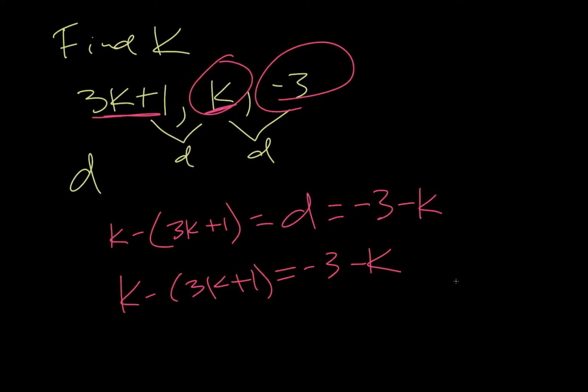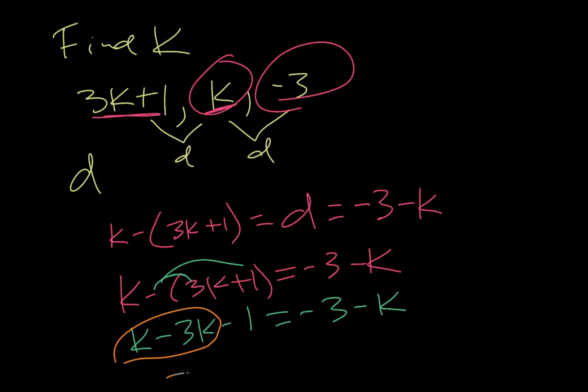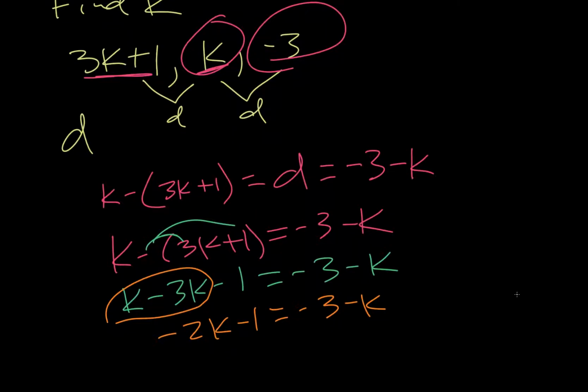Now, all we have to do is simplify and solve for k. So we want to distribute this negative. And then we want to start getting things on the same side, well, here, let's combine these first. So that's negative 2k minus 1, equals negative 3 minus k. Now, I'm just going to choose my left side to be the side that I get k onto.